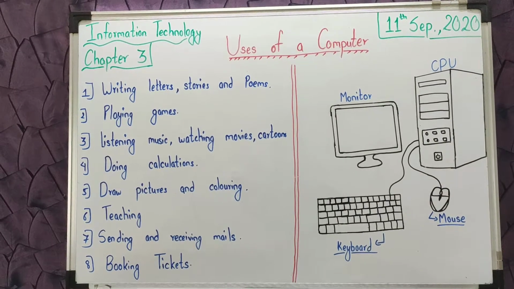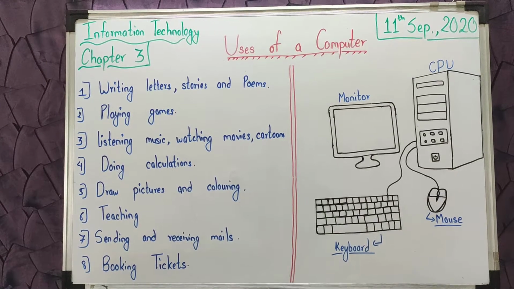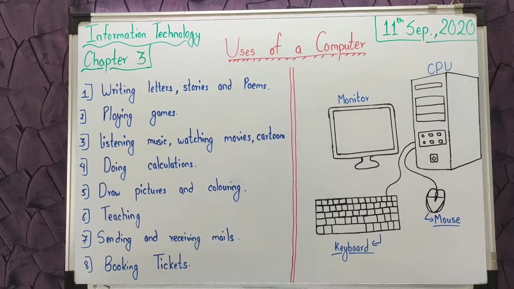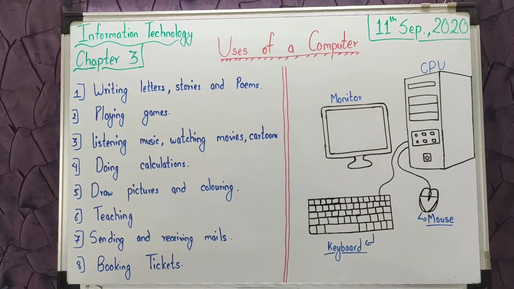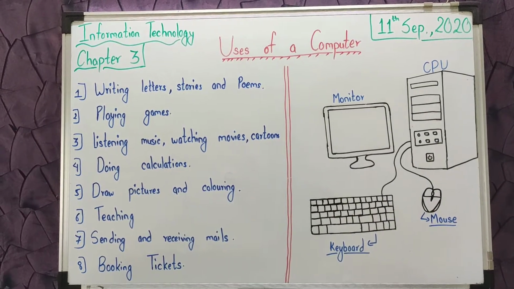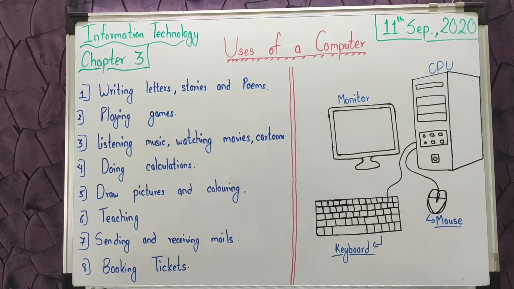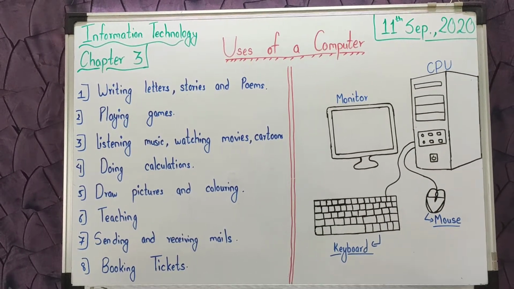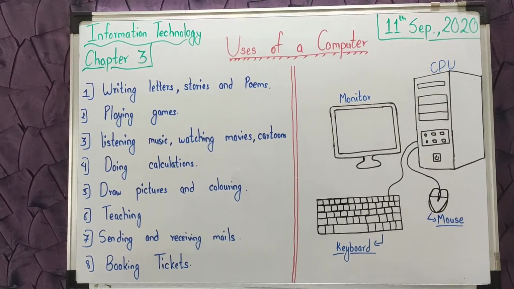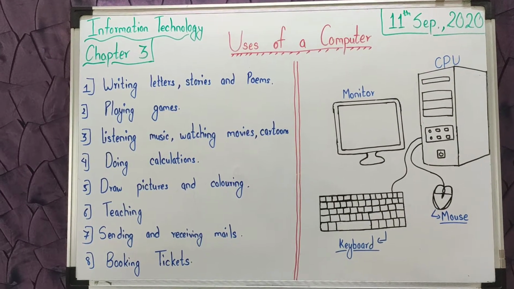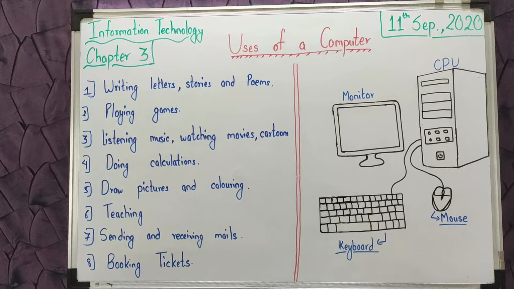So similarly, computer is also a machine, right? It is a smart and electronic machine, and it is very useful in our life, right? So why is it called a smart machine? Do you remember? Yes, it is called a smart machine because when we talk about other different machines like scissor or washing machine or bike, they do only single task, right?